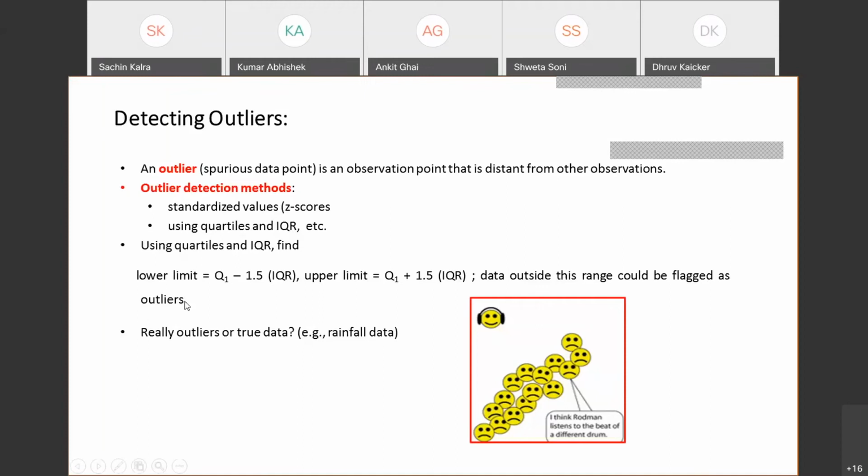Now, outliers also have certain categories. Is it really an outlier or is it valid data? So let's suppose for class 5 students, the mean weight is maybe 30 kgs, or 35 is the highest value that they have.